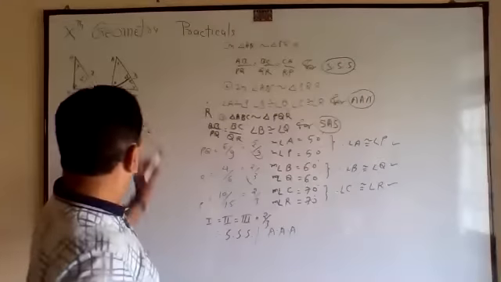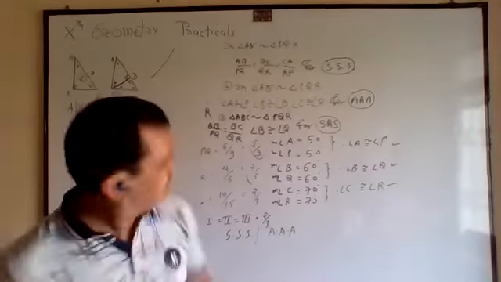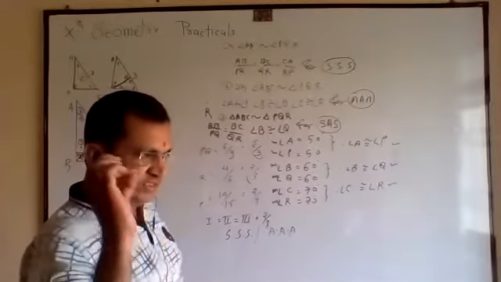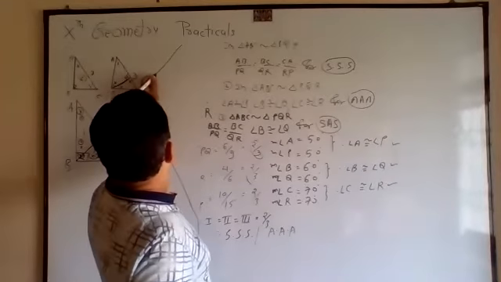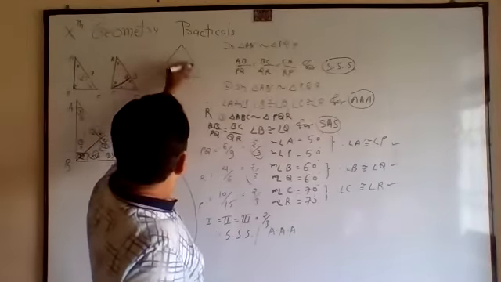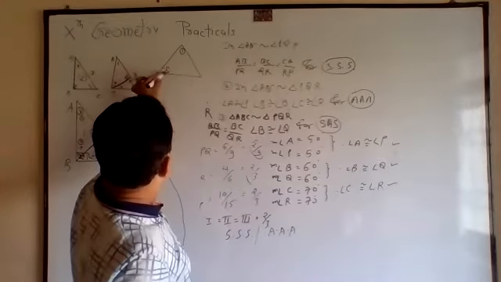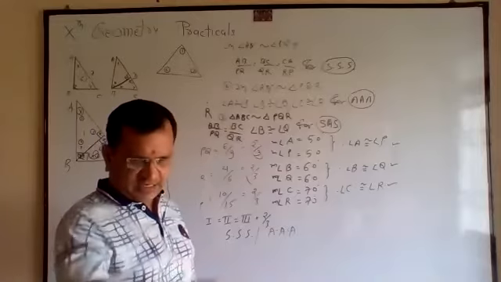Exactly the same theory applies to the sum of three angles of a triangle being 180, without writing any words. Practically, how to prove this? So write here 1, write here 2. Take any triangle, a big triangle, I'll show you.